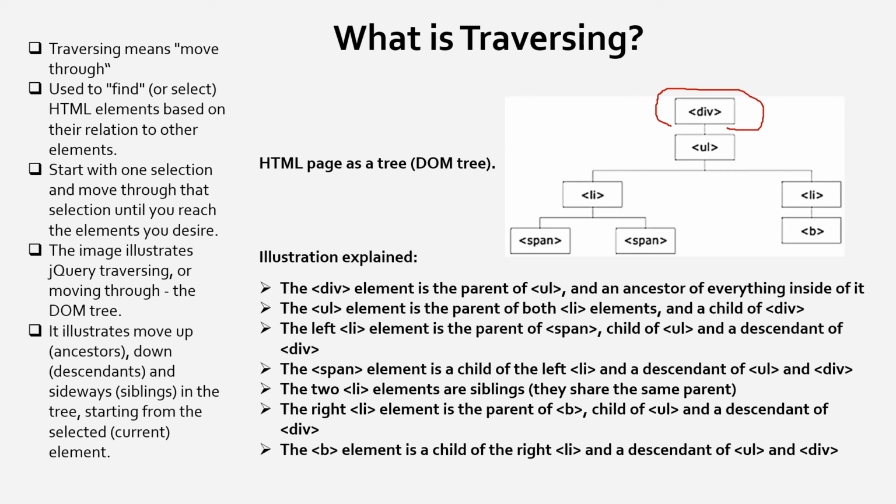Again, the unordered list is the child of the div, and the unordered list is the parent of these two ordered lists. If you see from here, this is the child of what? This and this. That way also we can see the relation.